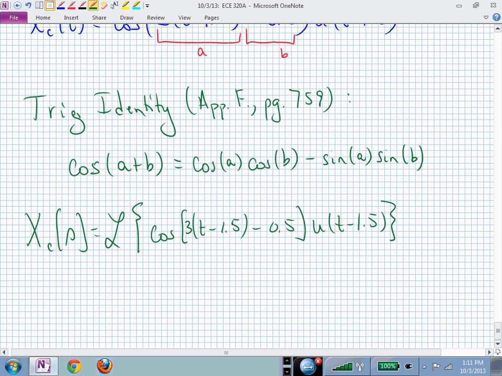But now I'm using this piece as b and this piece as my a in the cosine of the sum of two angles, cosine of a plus b.